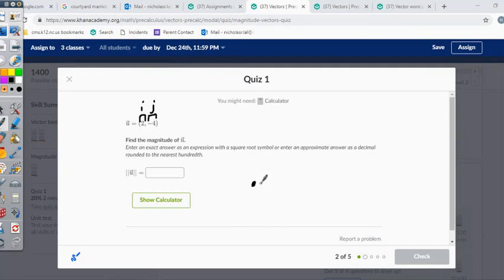Our horizontal component will be +2. Our vertical component will be -4. And so our vector will be that magnitude.